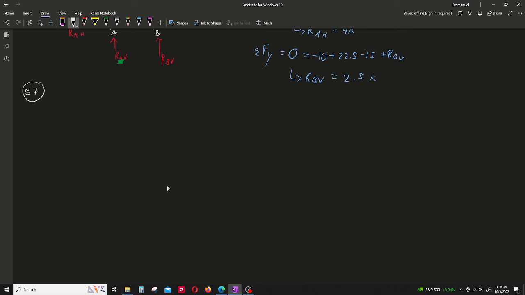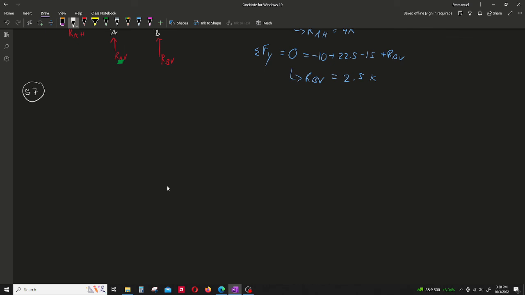The beam carries a uniformly distributed load of 800 pounds per foot and a concentrated load at its free end of 500 pounds. Determine the horizontal and vertical components of the reaction at point A and the force in member BD. Neglect the weight of the members.